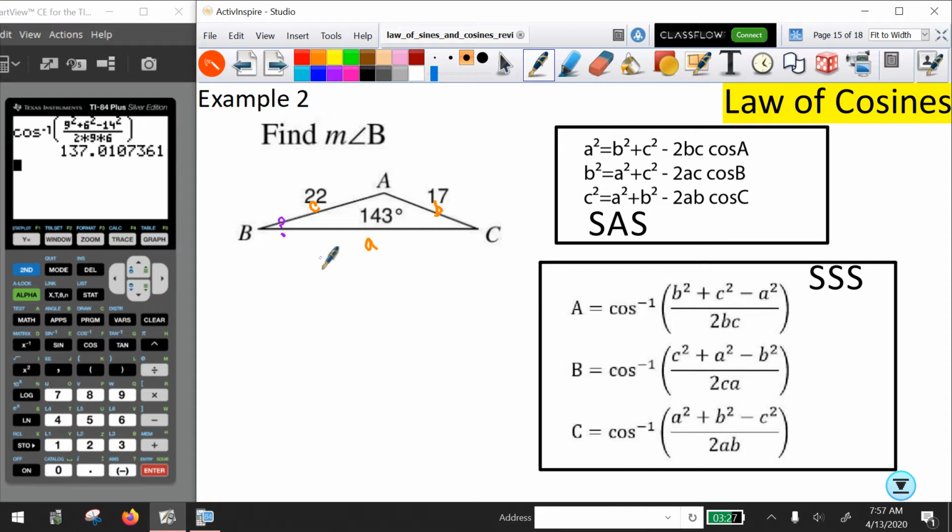If we had this side here, we could easily determine angle B by using the law of sines, or we could use this thing down here to determine angle B. So I think we actually want to figure out this missing side first. So I'm going to use the top formula to first find that missing side.